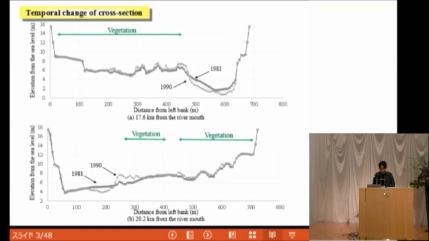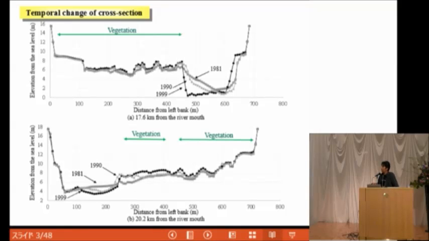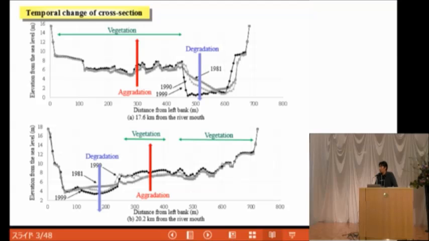After 9 more years, in 1999, that tendency continued. In the vegetated area, sediment deposits more and more, and in the main channel, the bed is degraded. These kinds of phenomena can be observed all over Japan and all over the world.